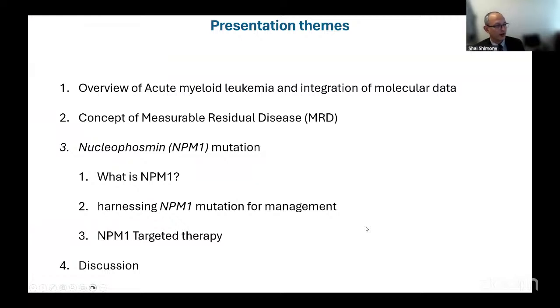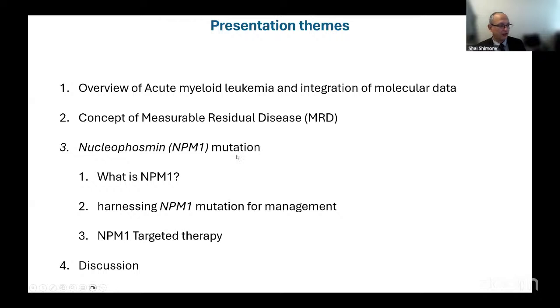Our themes for today would be an overview of what is acute myeloid leukemia, just for all of us to have a general base for our talk today. I won't dive into it too much. Then we'll talk a bit about what is MRD, or measurable residual disease. You may have heard about it in a previous conversation, but it is very important in NPM1, so I'll just briefly touch on that. Then we'll dive into what is NPM1 or nucleophosmin 1.